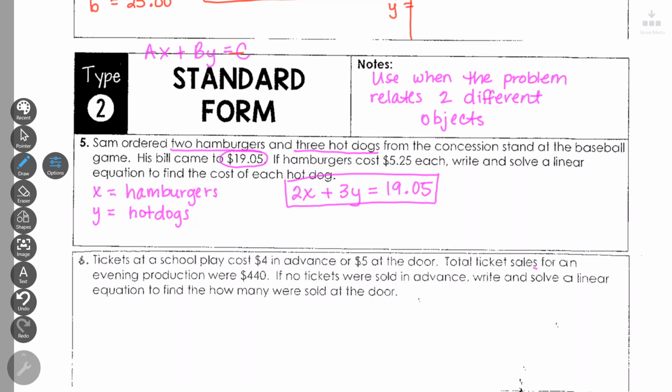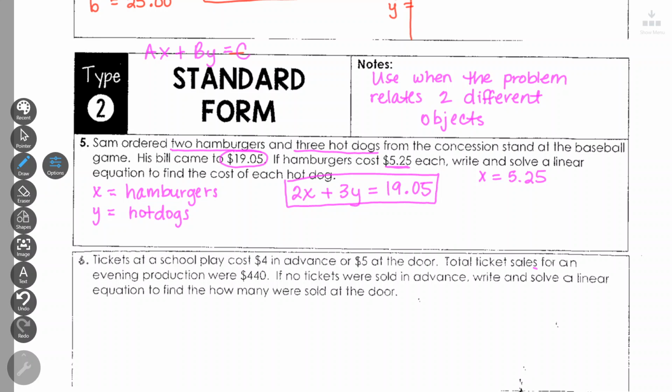Now we want to know the cost of a hot dog if a hamburger is $5.25. The hamburger is the x, so we need to put in $5.25 in place of the x.